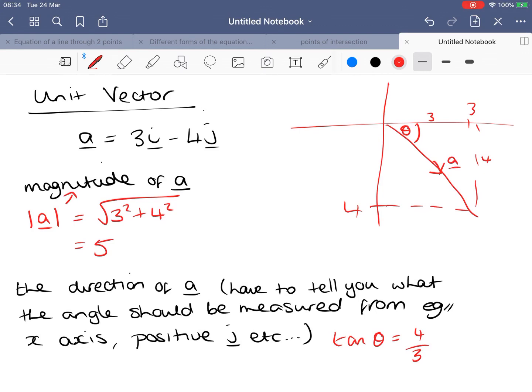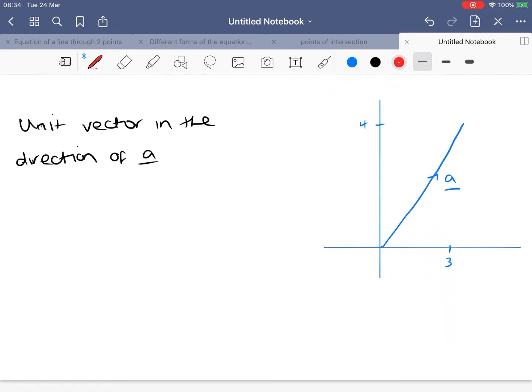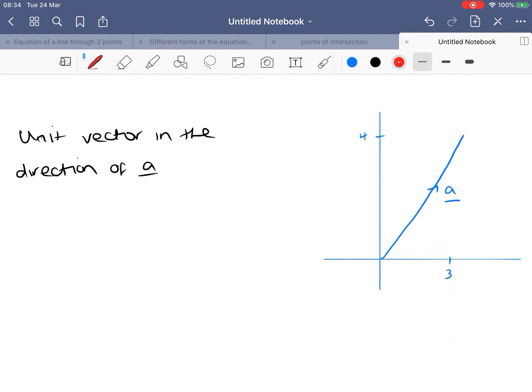Now, the last thing they can do is they can ask for a unit vector, okay? So I've got a different vector here. I've got the vector A is 3i plus 4j. And we've got to think what they mean by the unit vector. The vector 3i plus 4j has got a magnitude of 5.